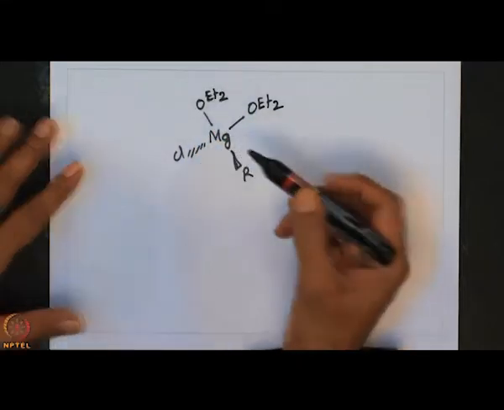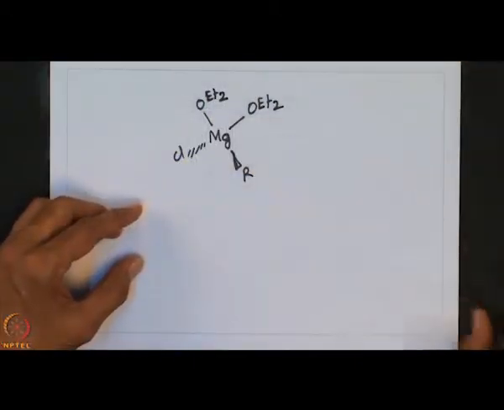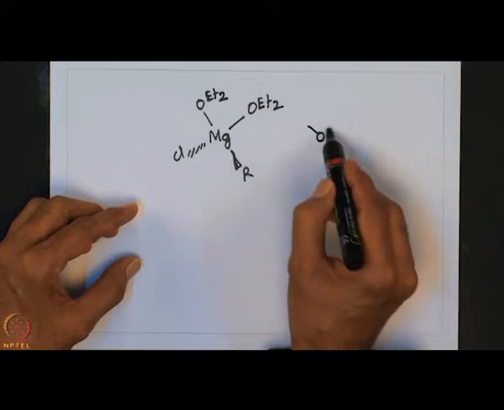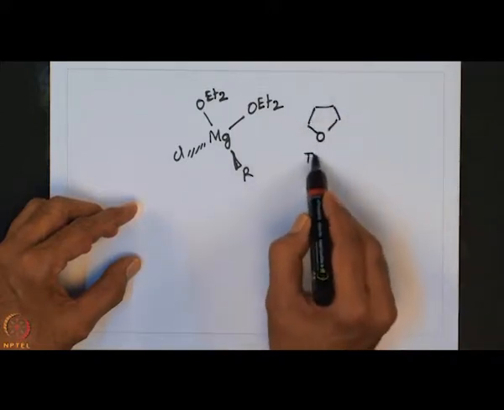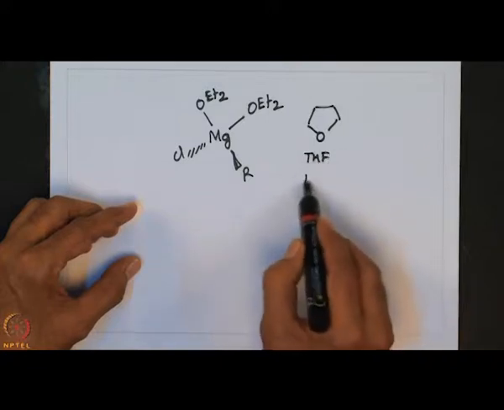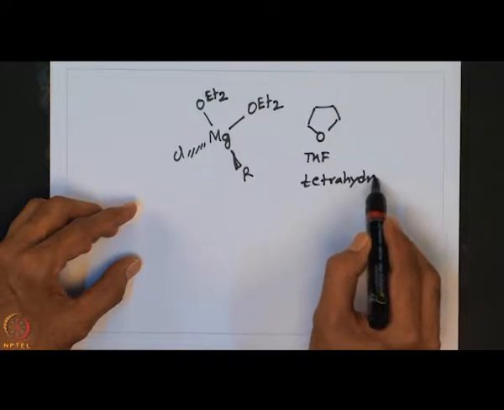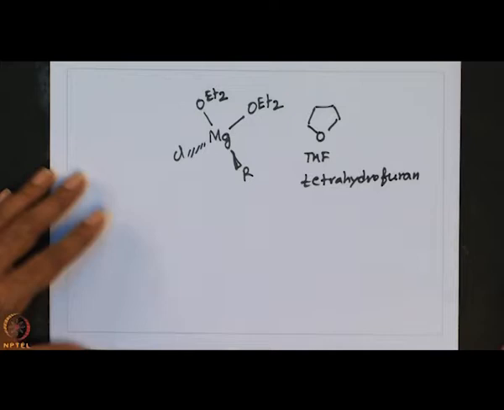So, now it gives a kind of tetrahedral stable geometry to magnesium. So, here one can conveniently use diethyl ether, or one can also use tetrahydrofuran. This is called THF, that is called tetrahydrofuran. This is a cyclic ether.